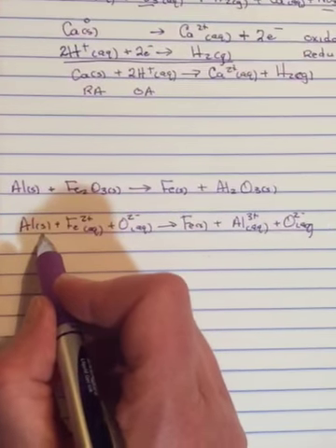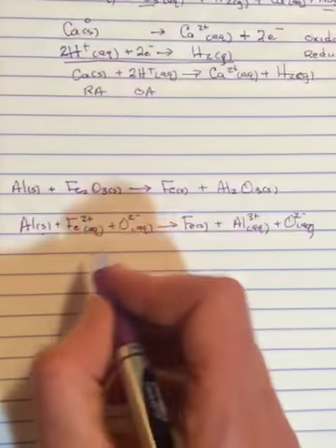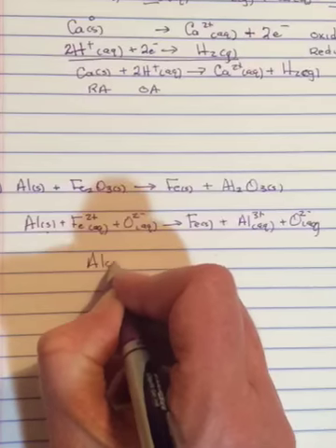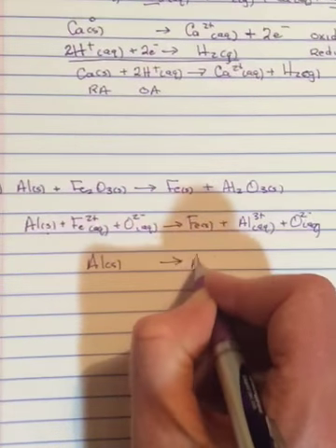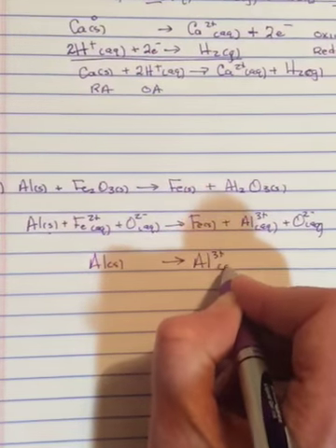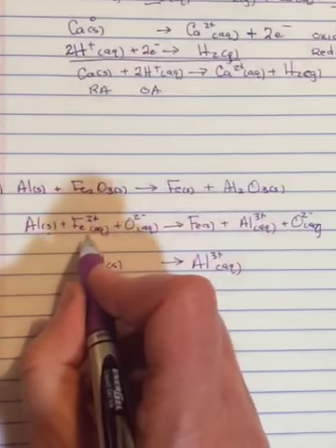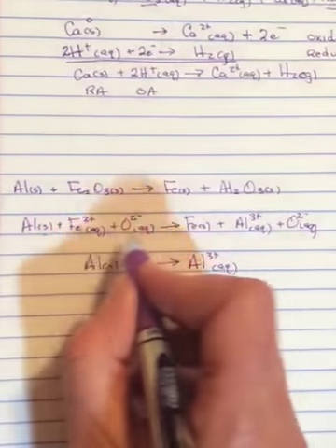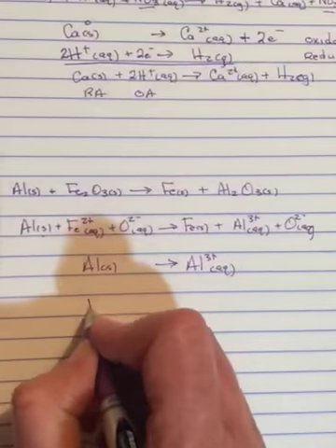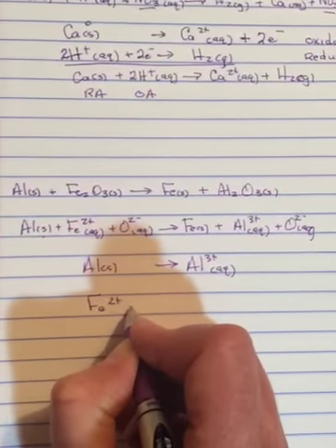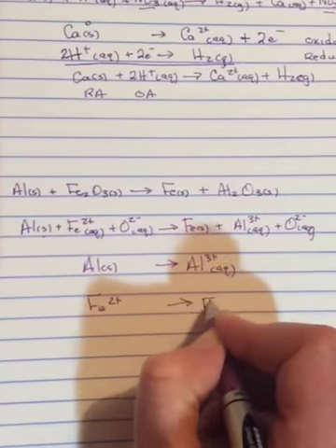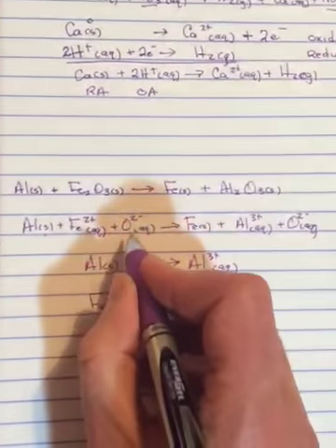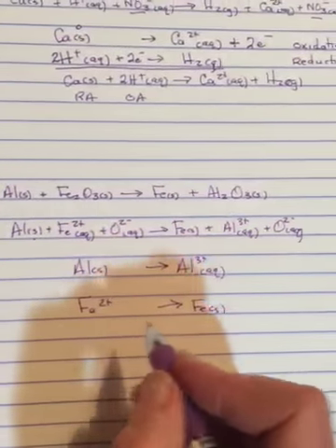If we look at what's changing, aluminum is going from 0 to 3 plus. So aluminum solid going to Al3 positive aqueous is going to be one of our half reactions. And iron is going from Fe2 positive to Fe solid. And if you check out the O2, it's just hanging out as O2.